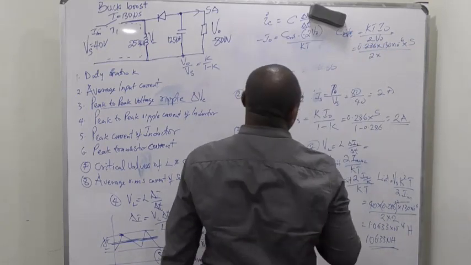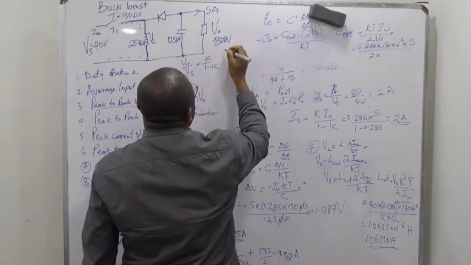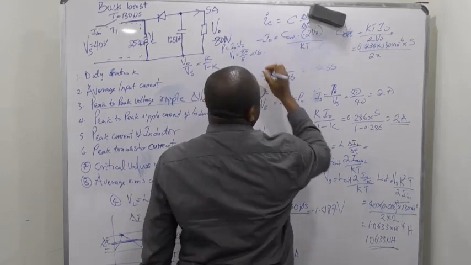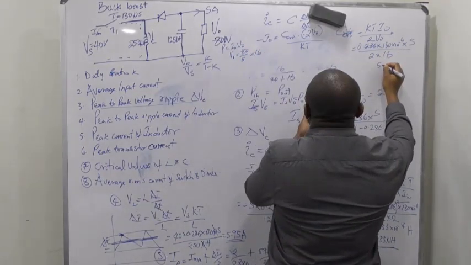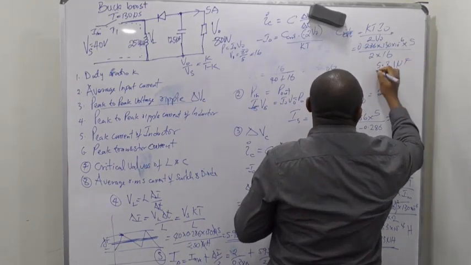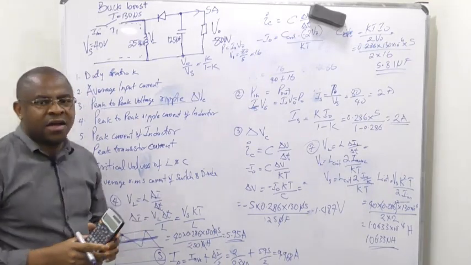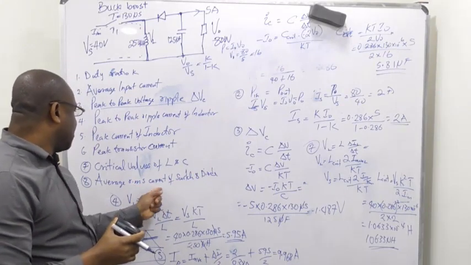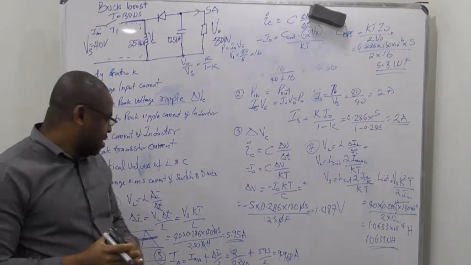We are not given VO, you can just get VO from here, which is 80 over 5, 16 volts. So you have that to be 5.81 microfarad.